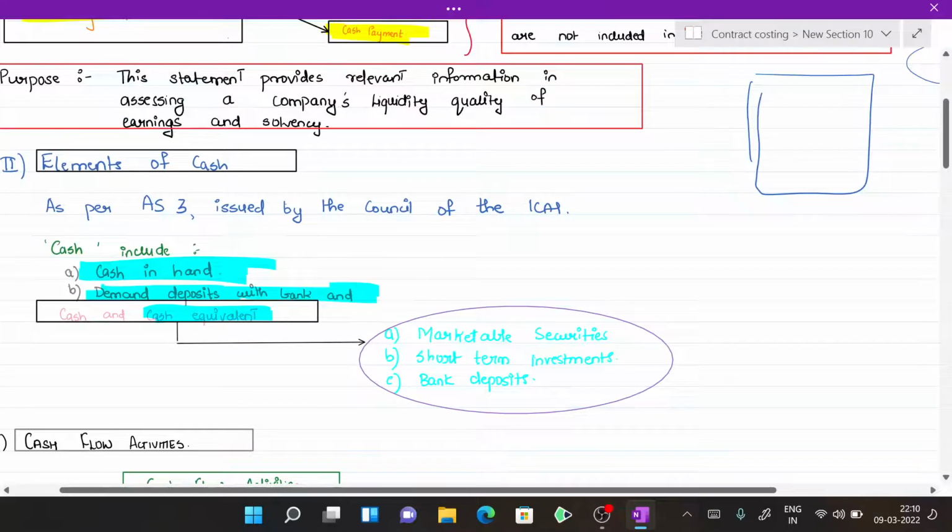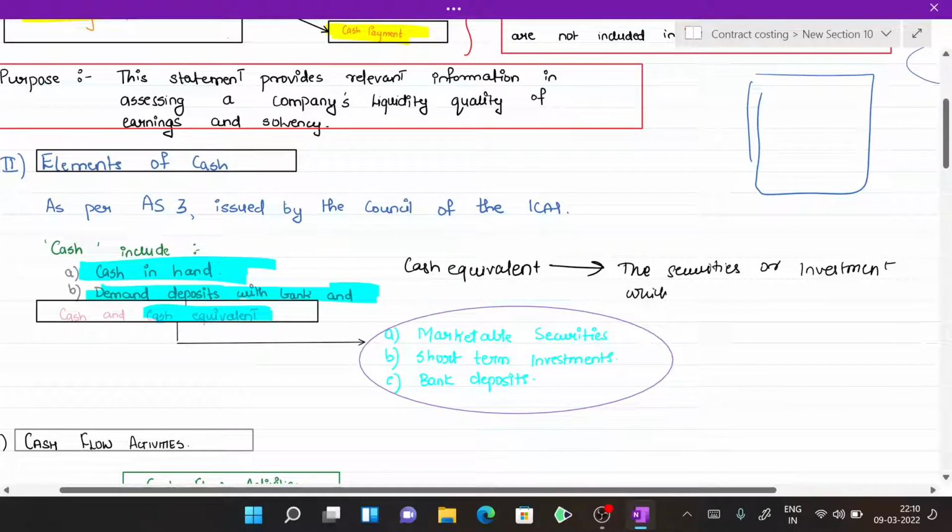What do you mean by cash equivalent? It is the securities or any investment, short term investments, which can be converted immediately into the cash, right?